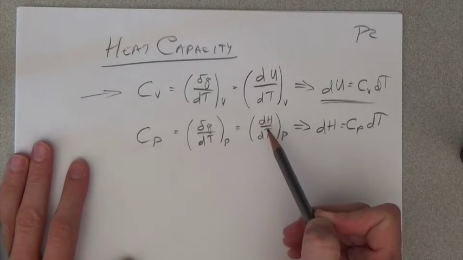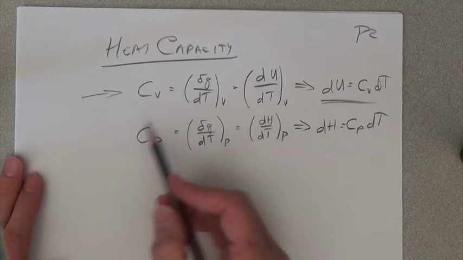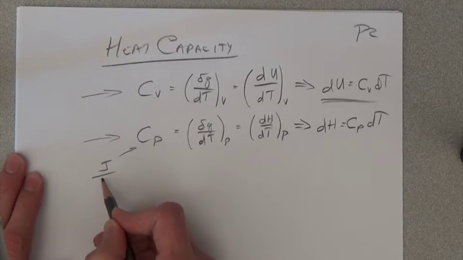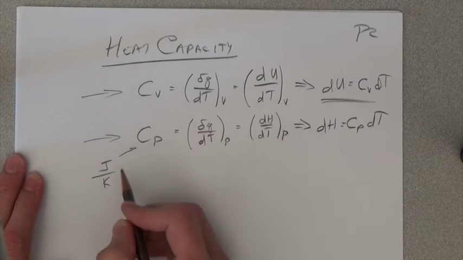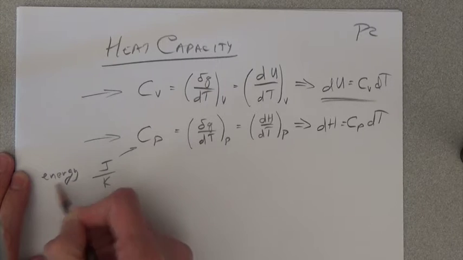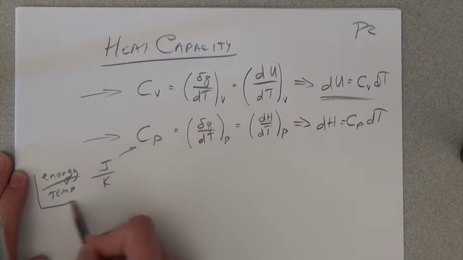U and H are both energy units, say joules, and T is temperature, so heat capacities are energy per temperature, or joules per kelvin.